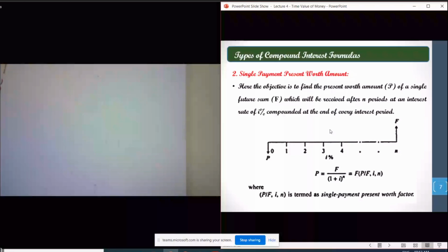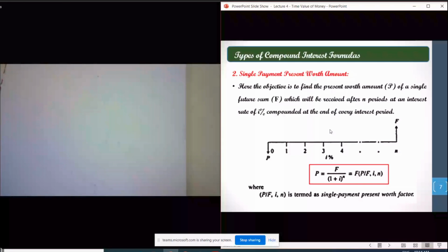So in those cases we will be using this equation, that is P is equal to F divided by (1 plus i) whole to the power n. This equation we will be using to calculate the present value of your future deposit.